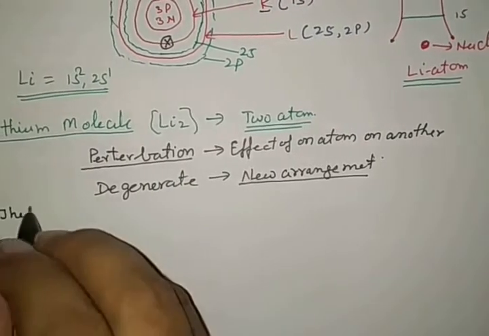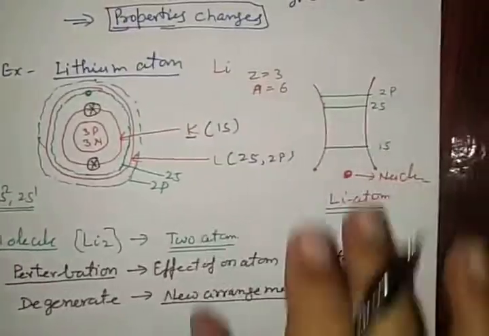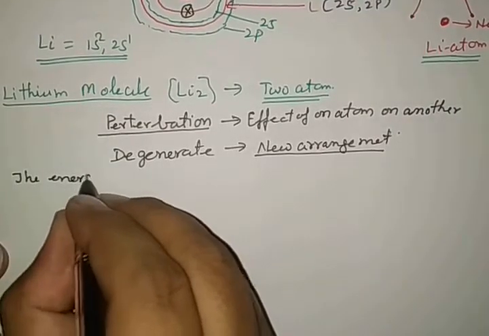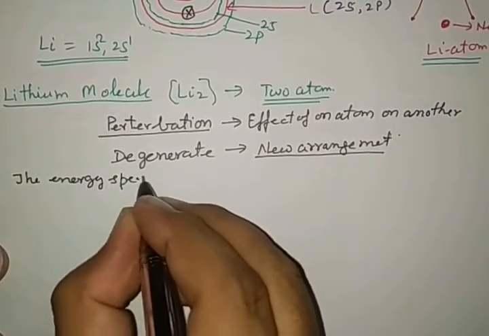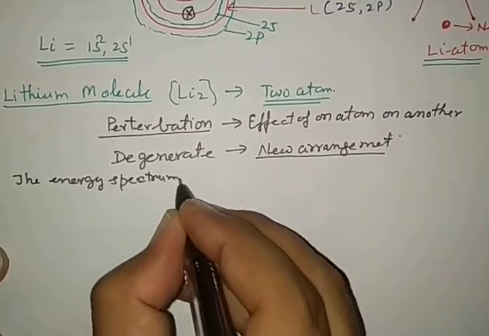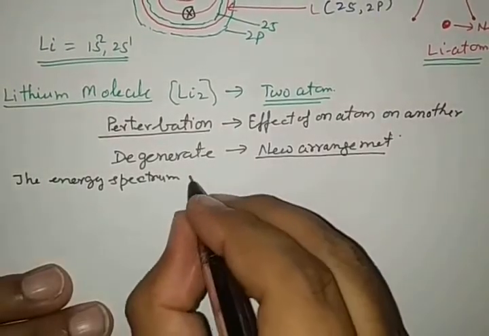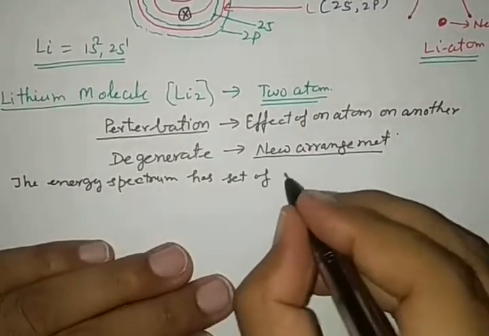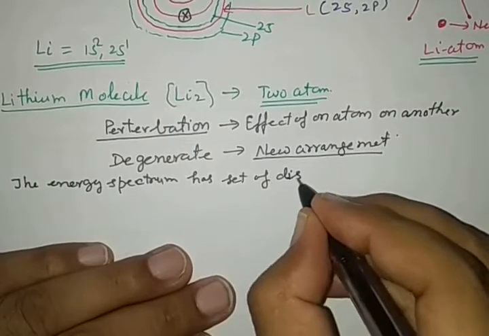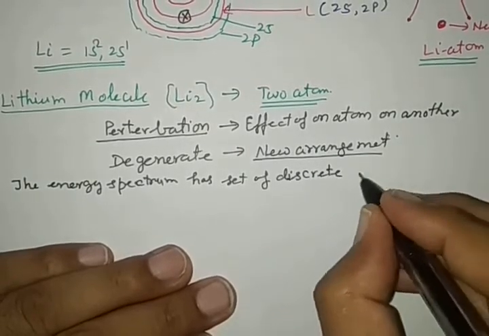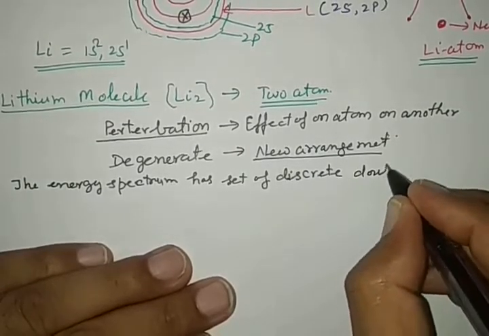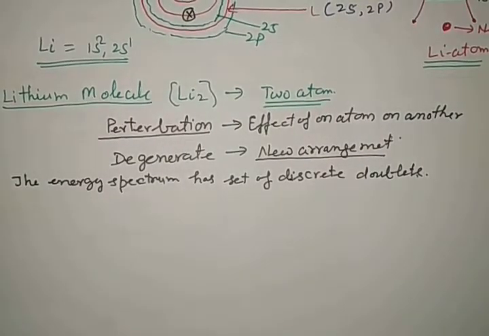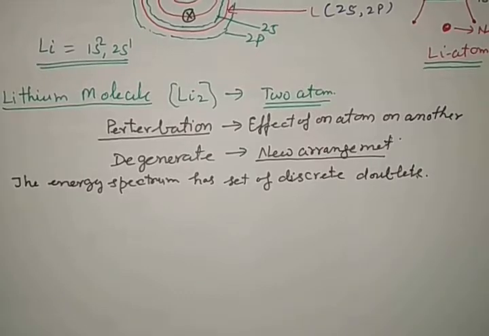This is called the energy spectrum diagram. The energy spectrum has a set of discrete doublets. Let's see what it means that the energy spectrum has a set of discrete doublets.